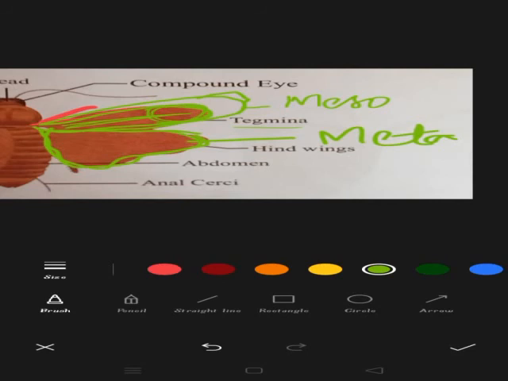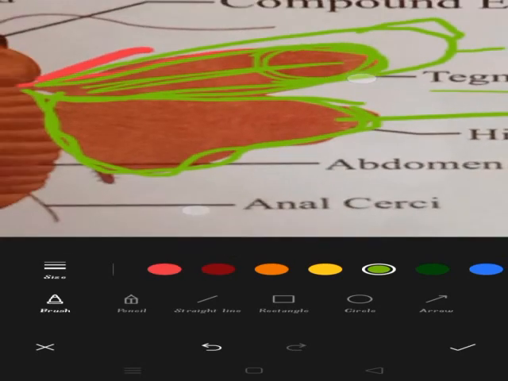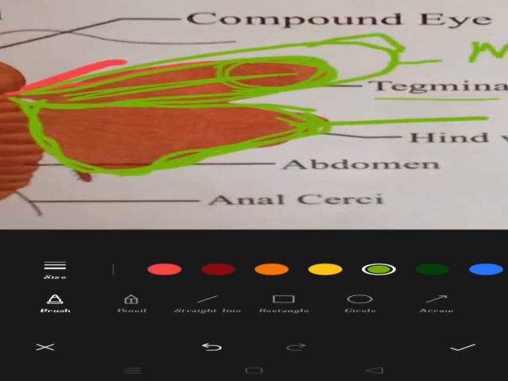The metathoracic wings, or hindwings, are very delicate, thin, transparent, and have a broad terminal end. But in the first wing, the tegmina, we see it narrow, while here we see it broad.